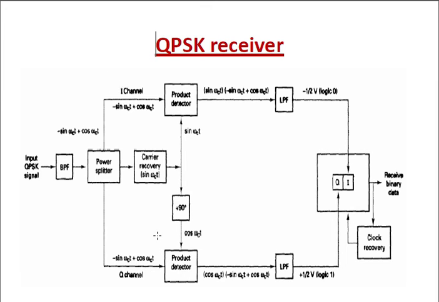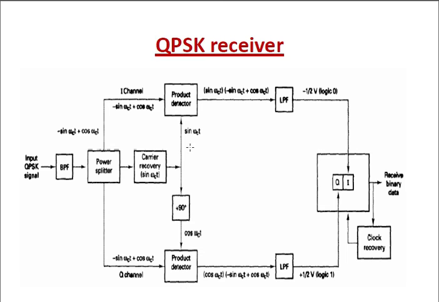Then both the I channel and Q channel are given to the product detector. The only difference is that this power splitter is given to the carrier recovery circuit, and the carrier recovery circuit generates the carrier sin omega ct.